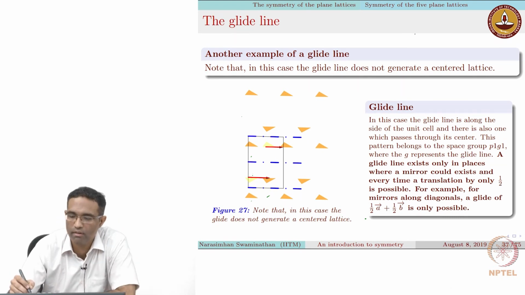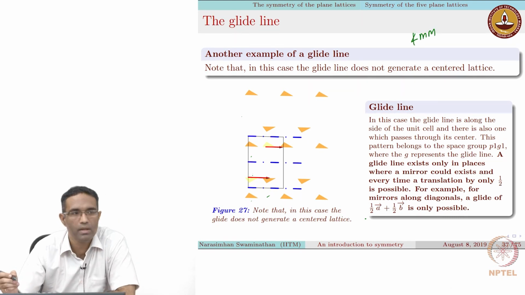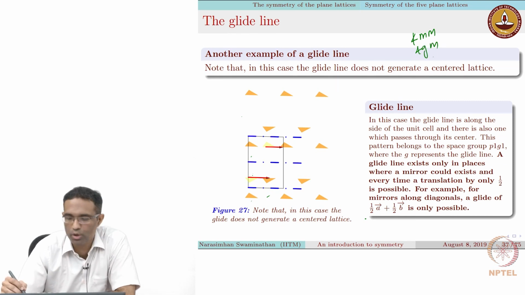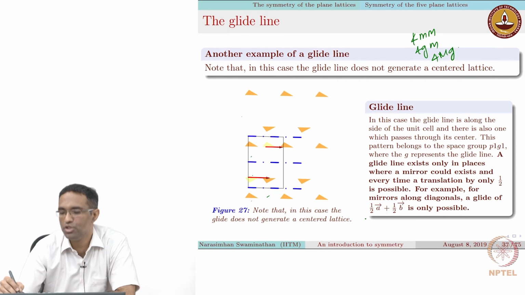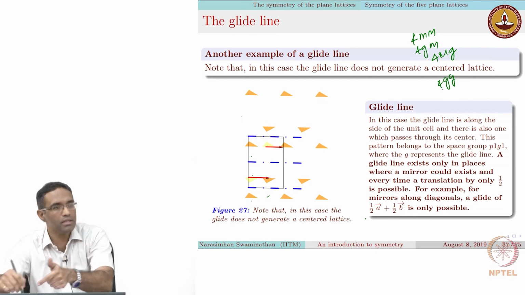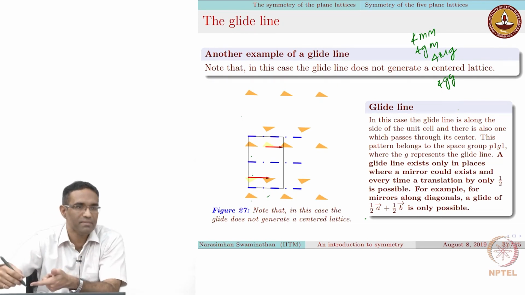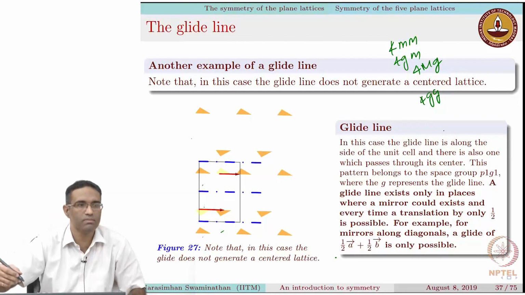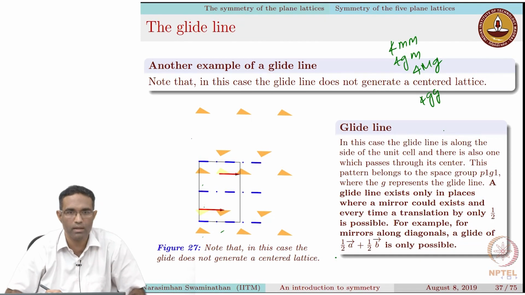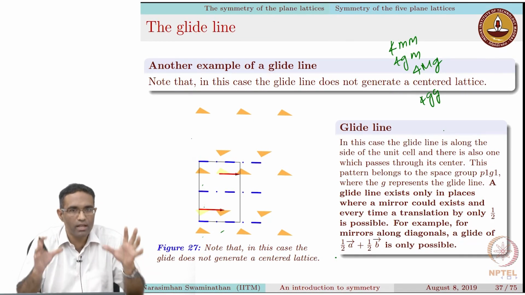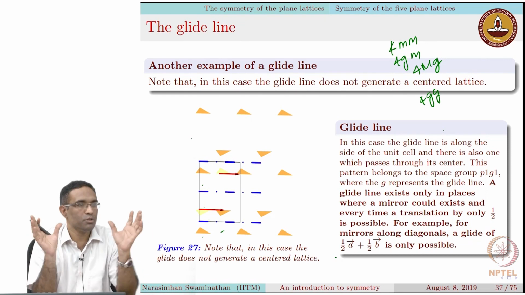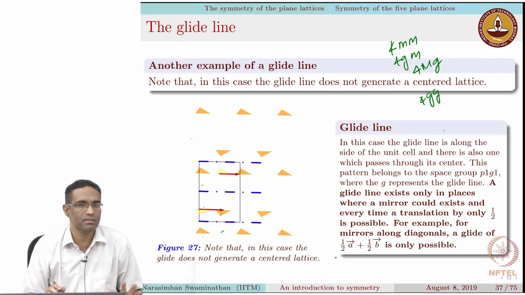For example, if you have 4mm, it means you can have a 4gm and so on, or you can have 4mg, 4gg, but you will see that some of these things are essentially already there. They are going to repeat themselves if you draw it out and take a look at it. So people have done this work and given you a finite number of space groups that basically exist.